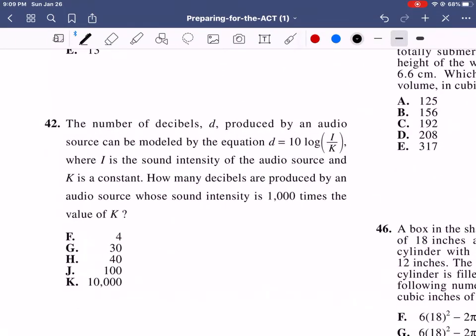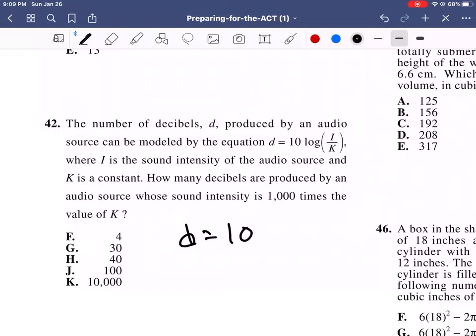The number of decibels D produced by an audio source can be modeled by the equation D equals 10 log of intensity over K. How many decibels are produced by an audio source whose sound intensity is 1,000 times the value of K? I would write this as an equation.